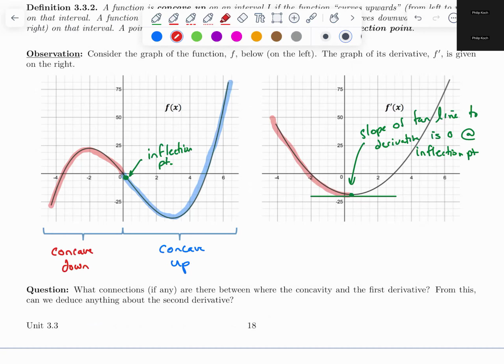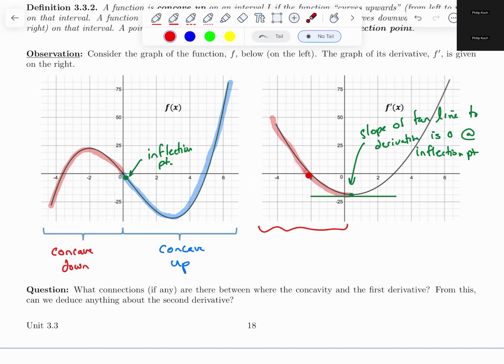what do we notice about the derivative to the derivative? The derivative to the derivative will be the slopes of the tangent lines to the derivative. So let me say that one more time. This is technically difficult to understand at first. A tangent line here would get its slope from the derivative of this function f prime.